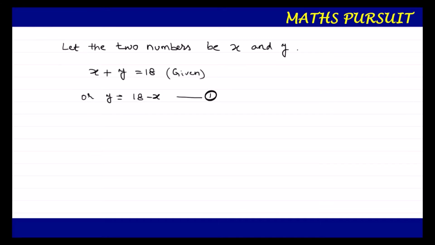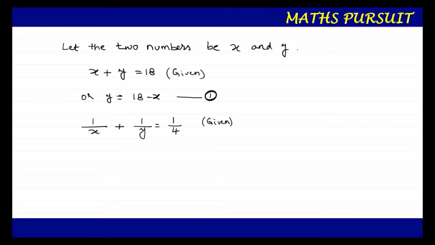Now looking at the other part of the question, it says that the sum of the reciprocals is 1 upon 4. The sum of the reciprocals means 1 upon x plus 1 upon y is equal to 1 upon 4. This is what is being given. Now from here, let us move ahead.